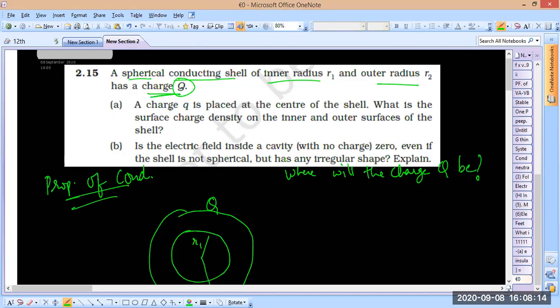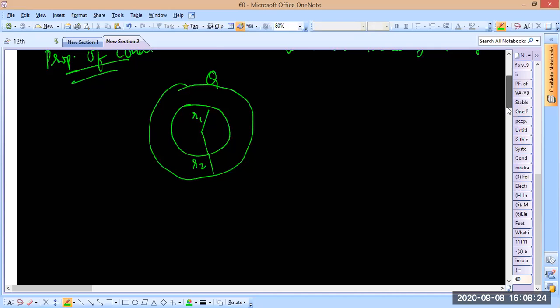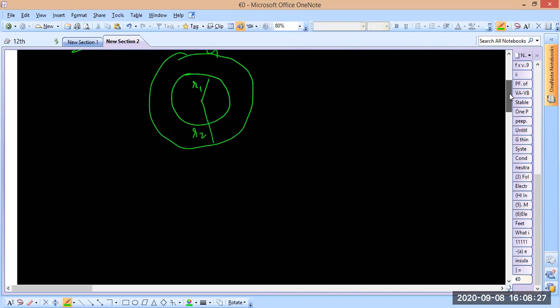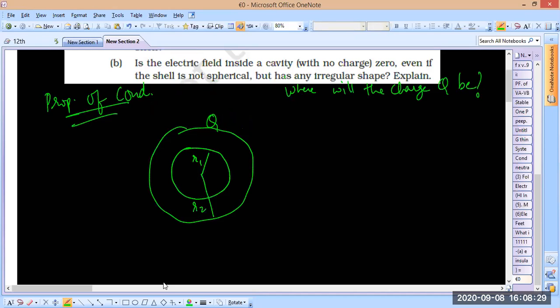Okay, now let's read A part. A, a charge q is placed at the center of the shell. Okay, so now what is done? I'm going to reuse the same diagram. Over here at the center of this shell, we are putting a charge q, right?